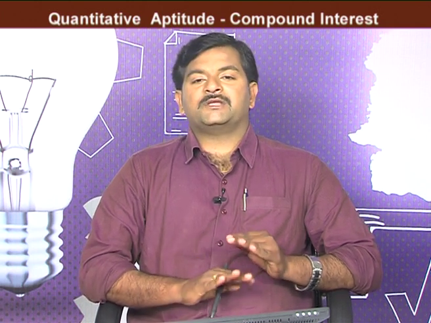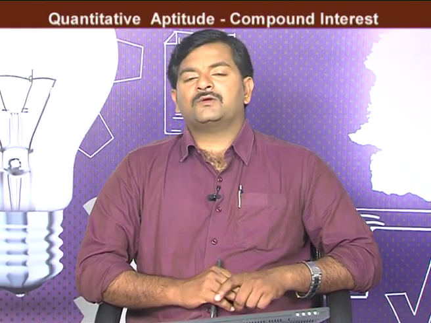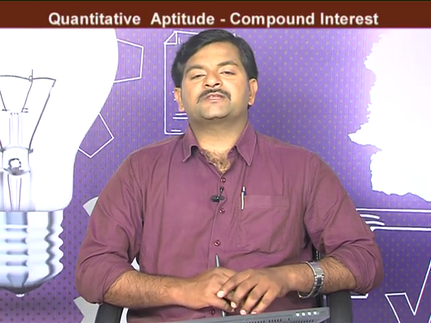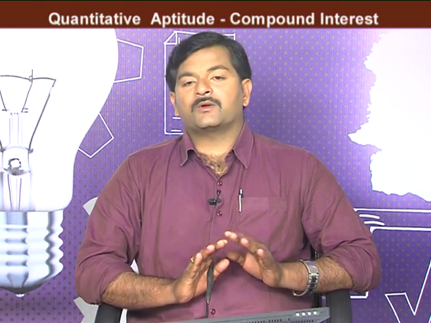If in the given question he mentioned nothing, we have to assume that interest is compounded annually. But sometimes interest may be compounded quarterly or half yearly or once in every 2 years, even every month. So accordingly, you should take the rate of interest. For example, if interest is compounded quarterly, the rate of interest should also be quarterly. Okay. So keep these 2 points in mind.